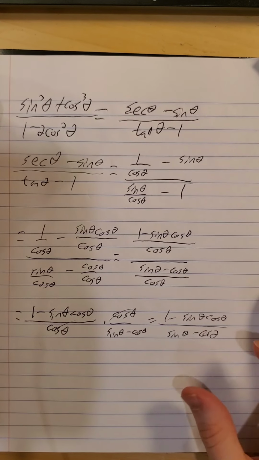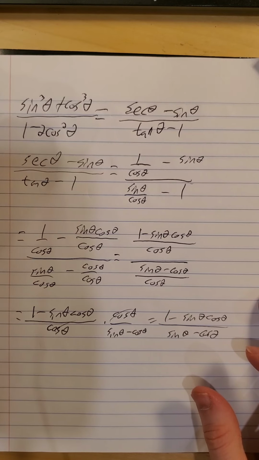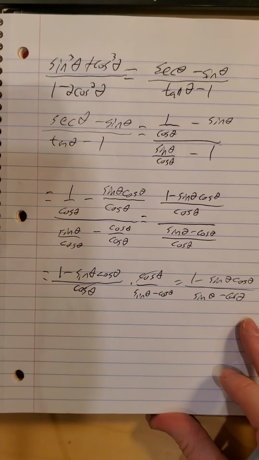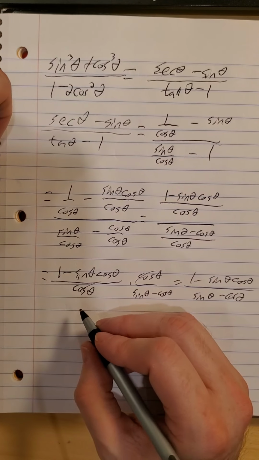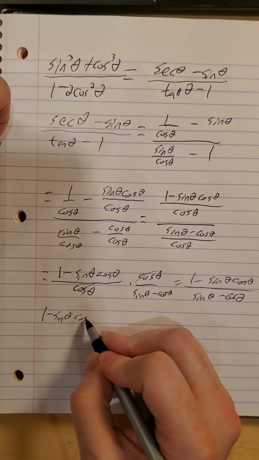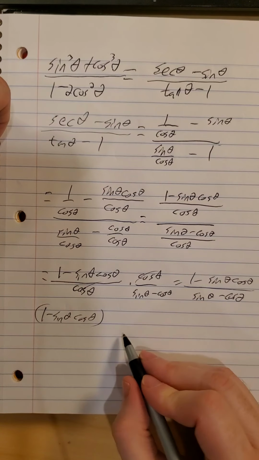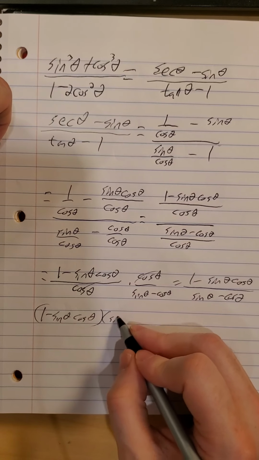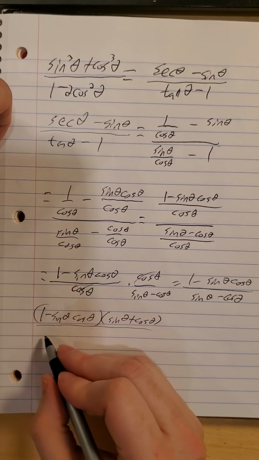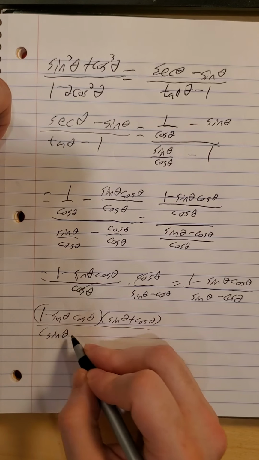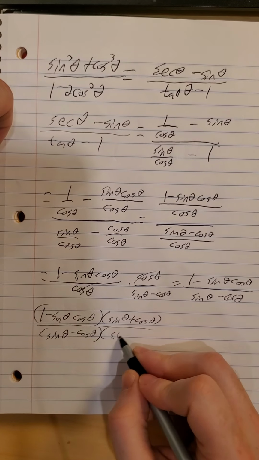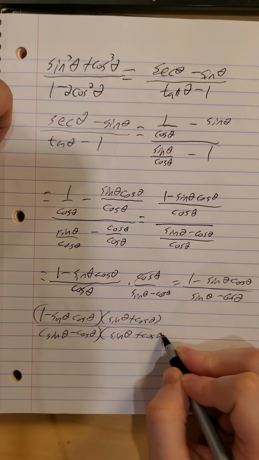I'm looking to build this up, so next I'll multiply by the conjugate of that denominator. So this one's a little bit longer than some of the other ones. So 1 minus sine theta cosine theta, we'll hit that with sine theta plus cosine theta. We'll do the same thing at the bottom. Sine theta minus cosine theta we'll hit with the sine theta plus cosine theta.